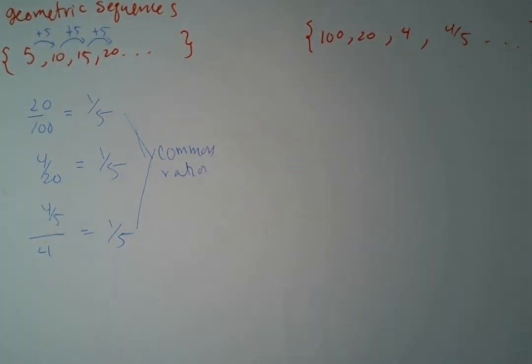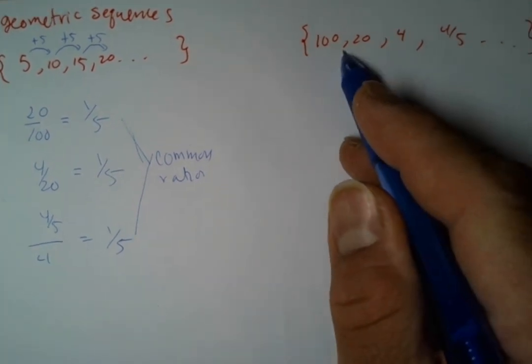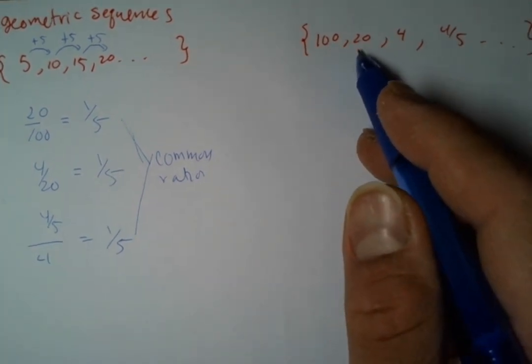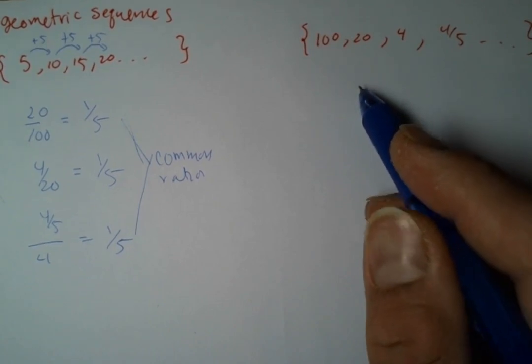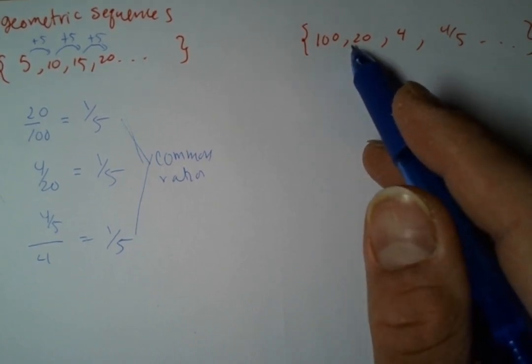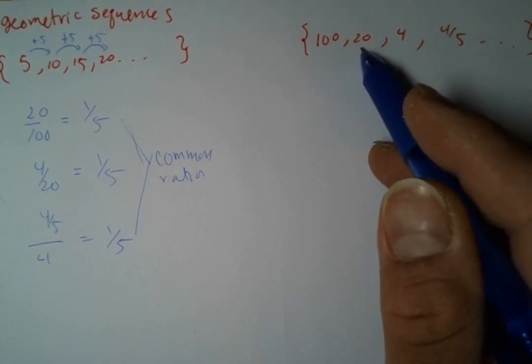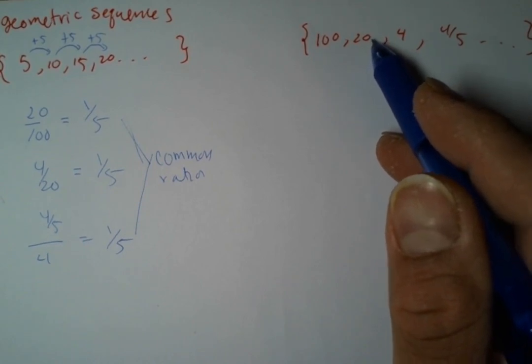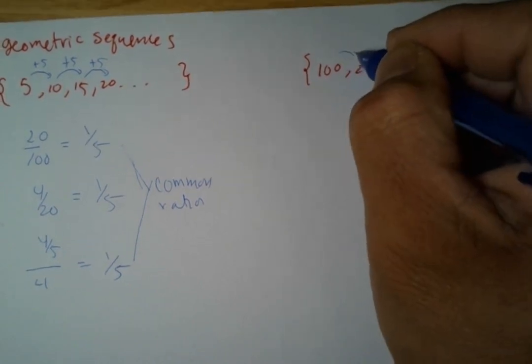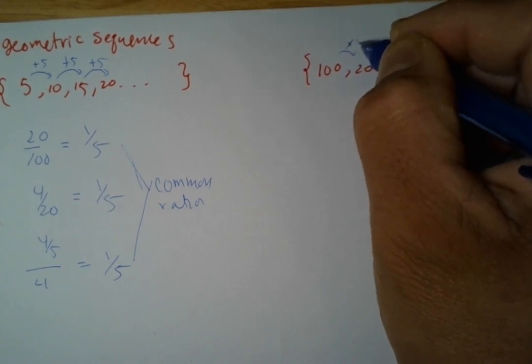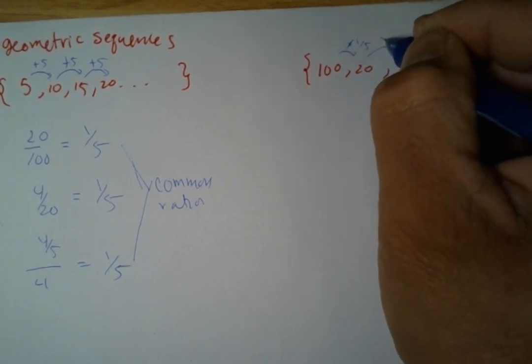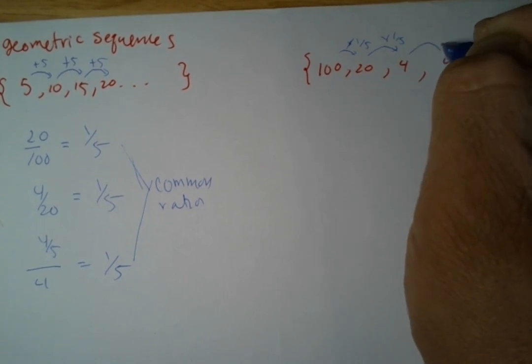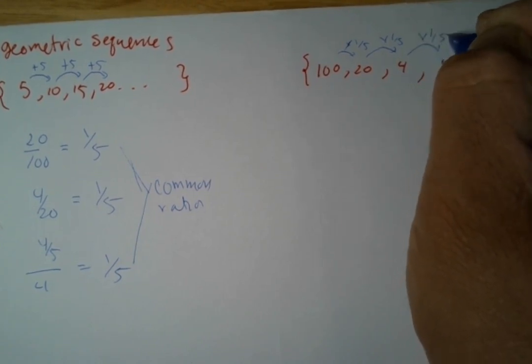To get from the first term to the next term, we multiply by that common ratio. 100 times 1/5 is 20. 20 times 1/5, so the relationship here is times 1/5, times 1/5, times 1/5, etc.